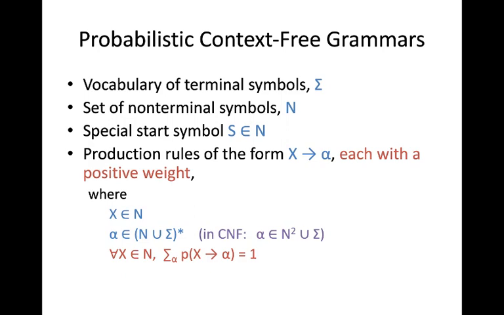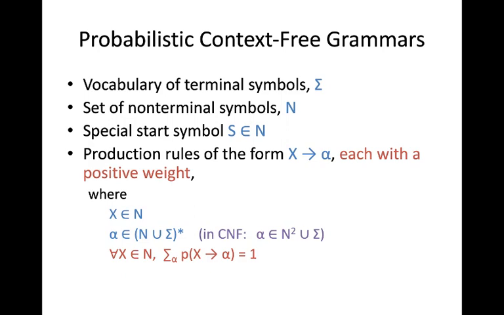We have a good way of doing both of these with a grammar we've learned from a treebank, and that is with probabilistic context-free grammars, or PCFGs. So these look just like a context-free grammar. We've got a vocabulary of terminal symbols, a set of non-terminals, a special start symbol, and production rules of X goes to alpha.